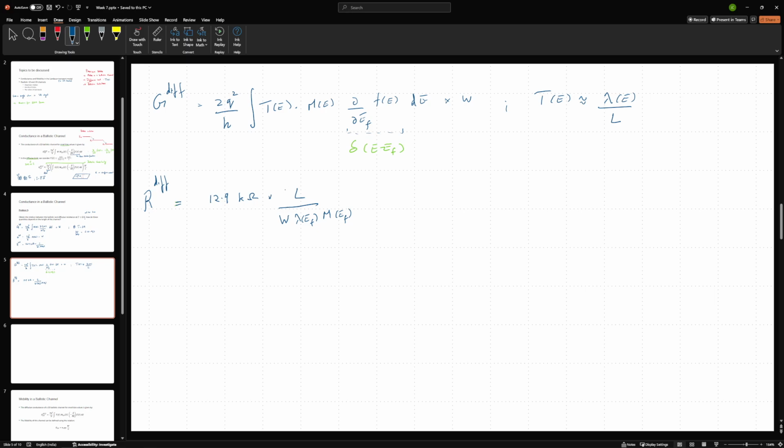So even though the two resistances have the same behavior with respect to the width and the number of modes, our diffusive resistance is proportional to the channel length, and our ballistic is actually independent of L.